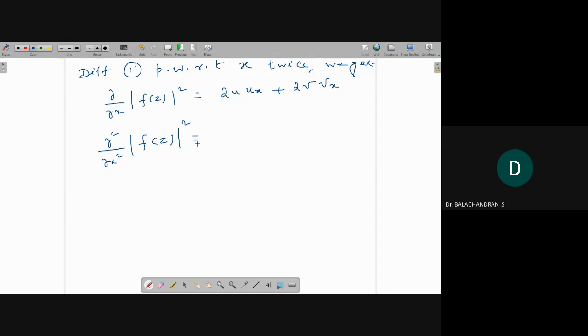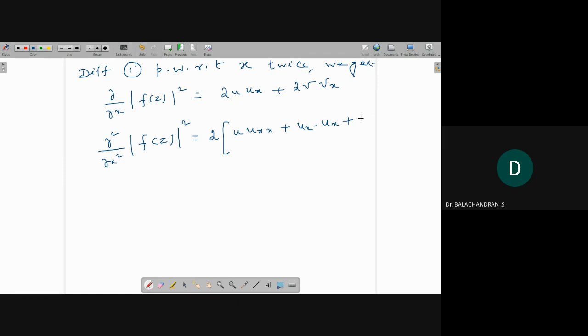So take 2 common. u into, if you differentiate ux with respect to x, you'll get uxx plus you should keep this ux, and if you differentiate u with respect to x, you'll get ux again.